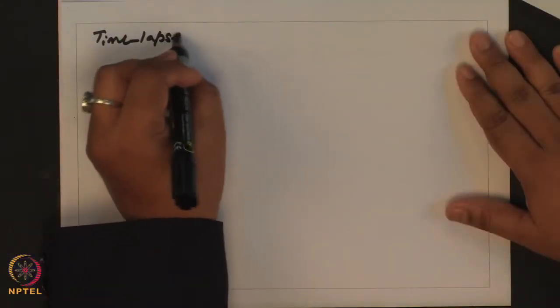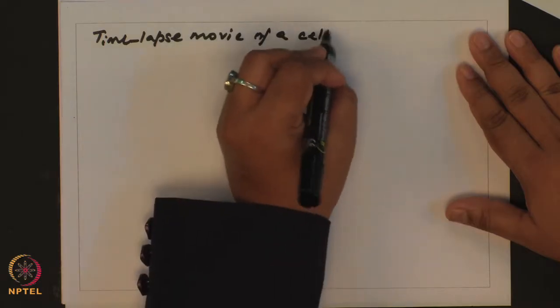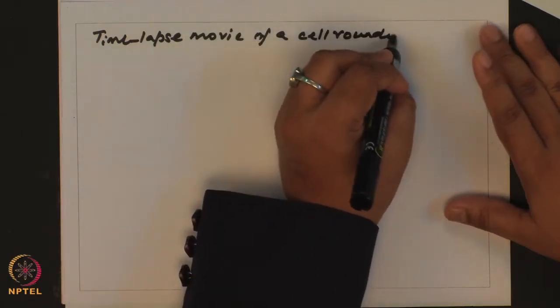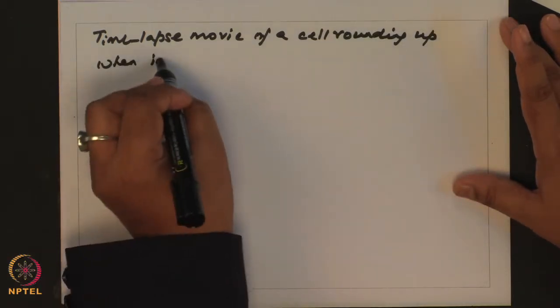So, what if you take a time lapse image, time lapse movie of a cell rounding up when incubated with trypsin.